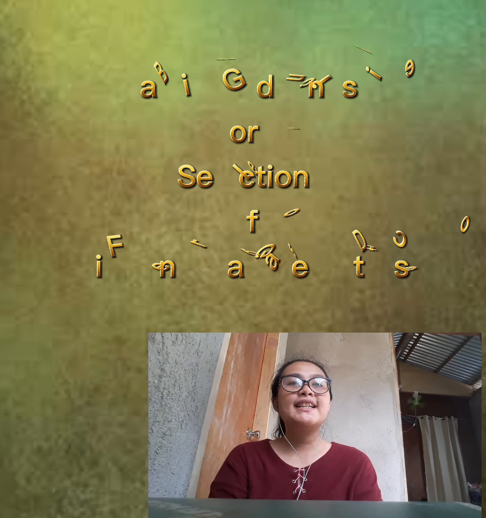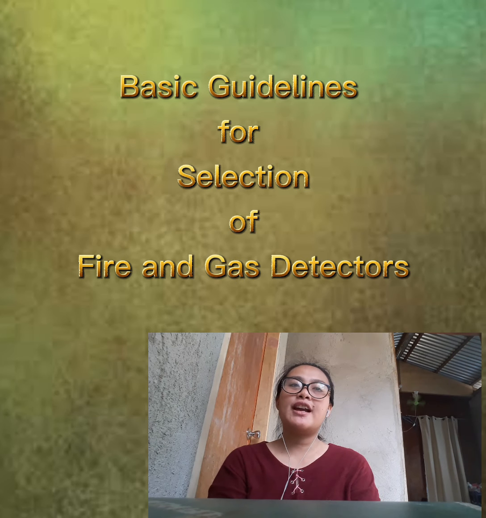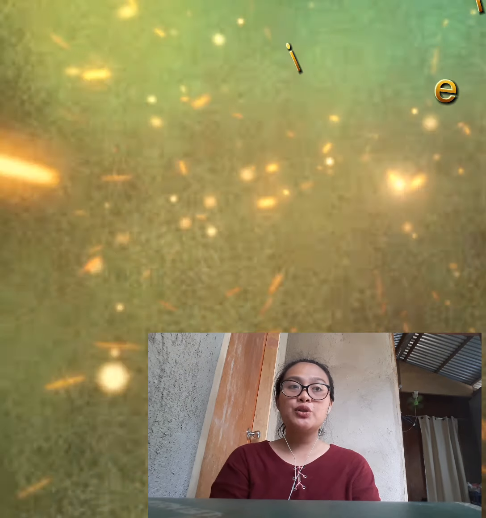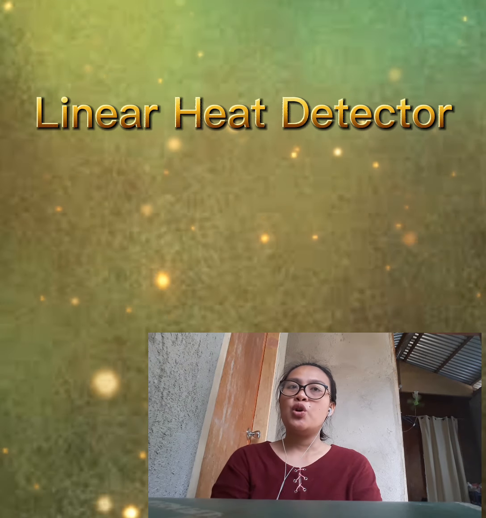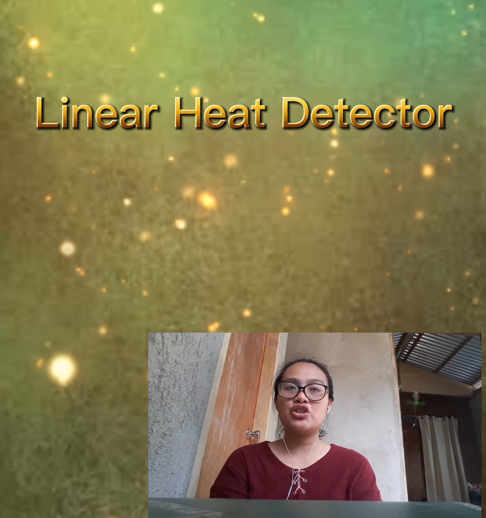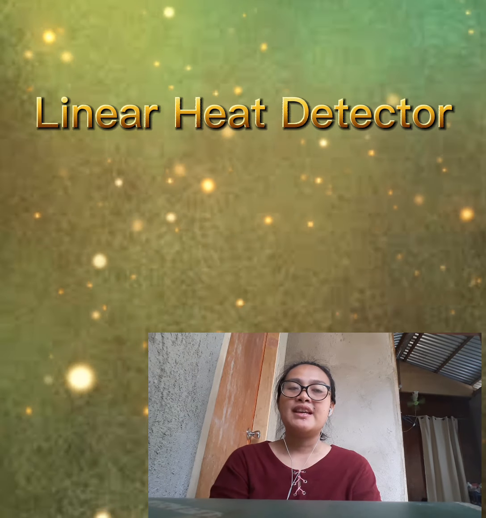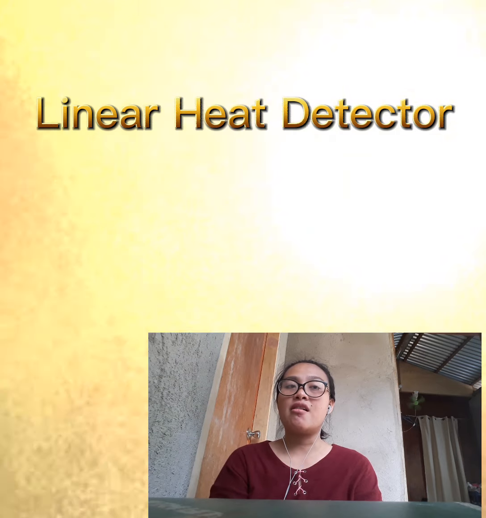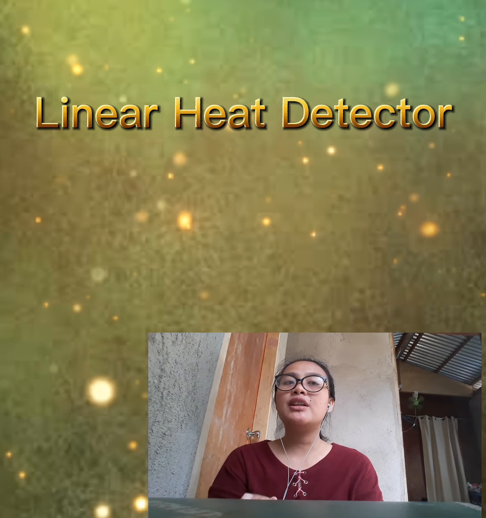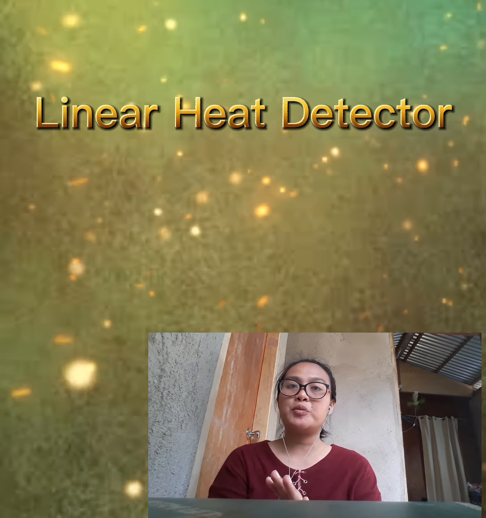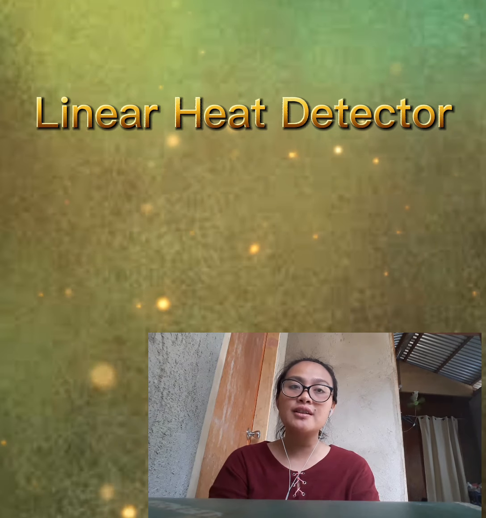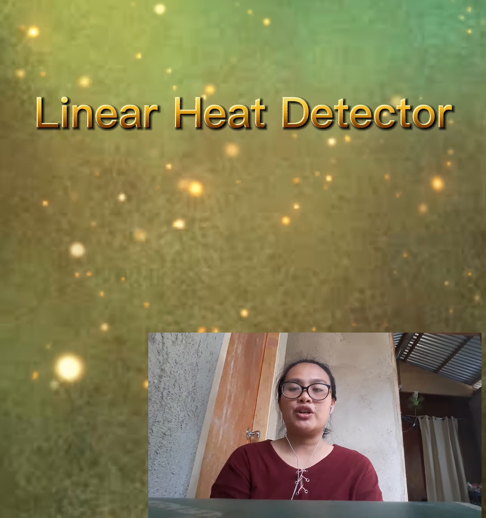The selection criteria and the basic guidelines for selection of fire and gas detectors. First, we have the linear heat detector, which senses the overheat condition at any point along its length and pinpoints the location. Its selection criteria are: first, the outer jacket shall be made of a material that resists corrosion, chemicals, and moisture.